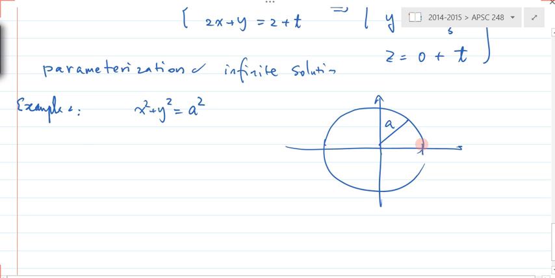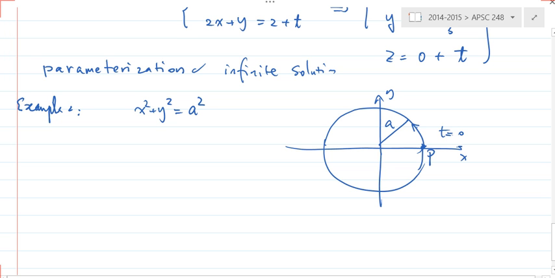But before I write it down, let's think about it from a physical point of view. Let's say I have a point P, and at t equal to 0, the point P is going to be here, and then it's going to move around this circle.